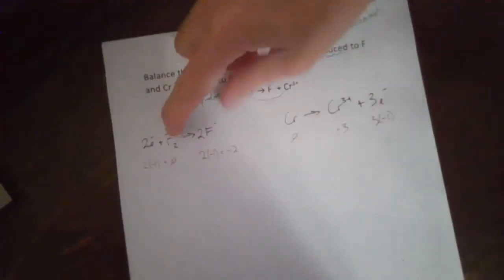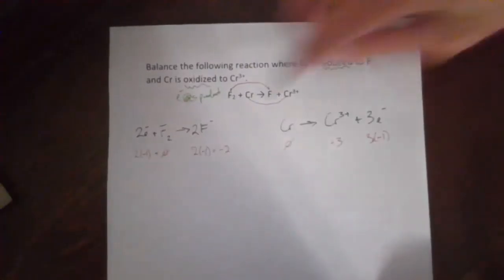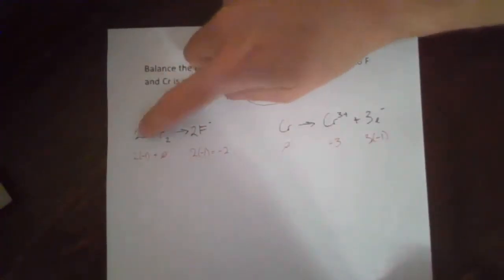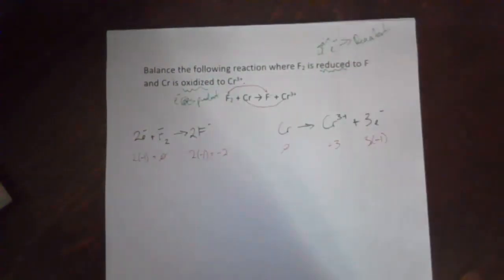So here you have the electrons as a product, here you have the electrons as a reactant. So that's good, because the prompt tells us that F2 is reduced. So we would think that this needs to be on the reactant side, which looks good. Everything looks like we're on the right track.